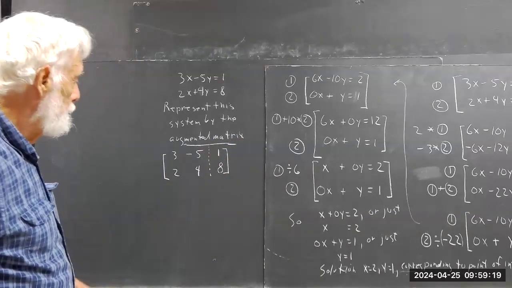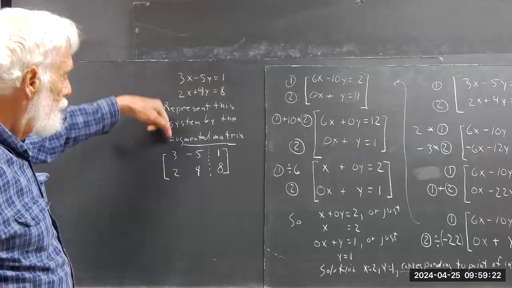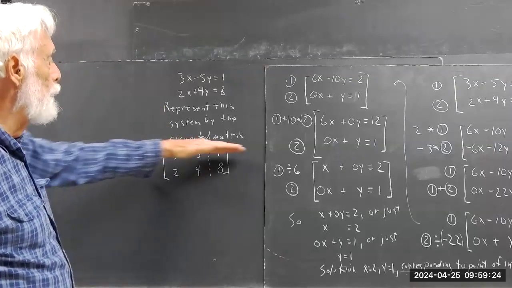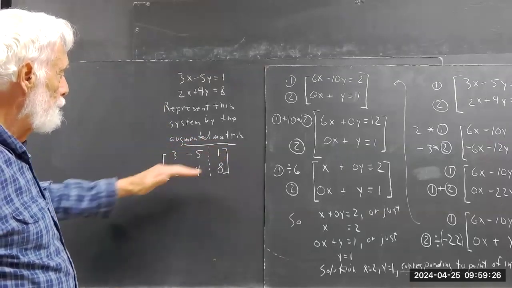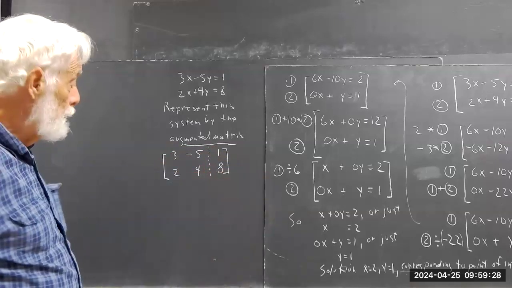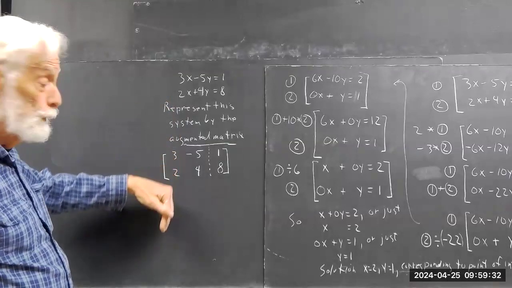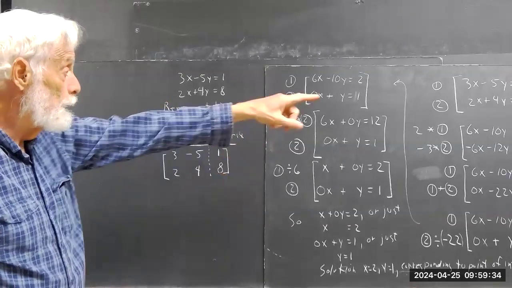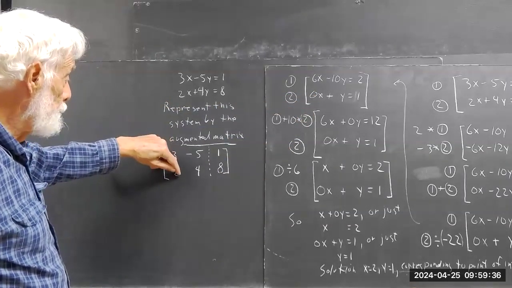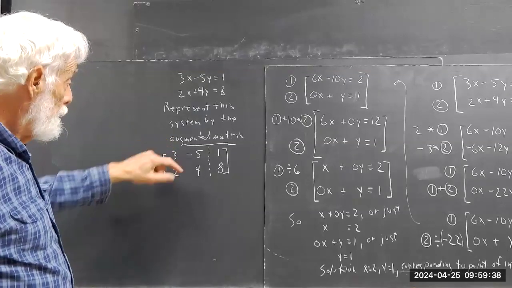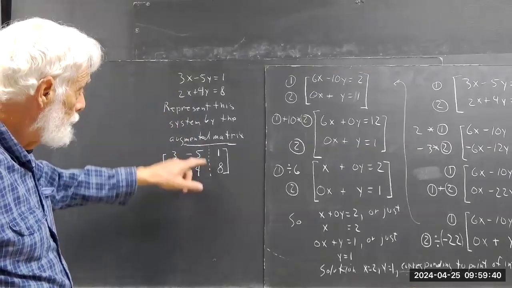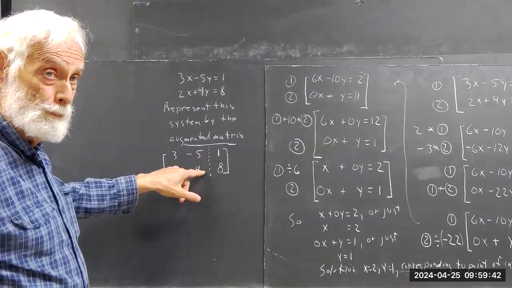It's understood that you've got 2 rows in this matrix. Here's a row, here's a row. We've got 3 columns. This column with the 3 and the 2 stands for the coefficients of X. So it's just understood there's an X here and an X here. The second column stands for the Y's.